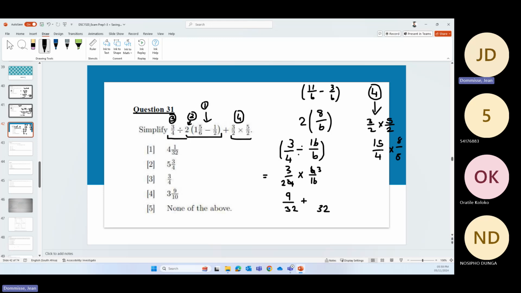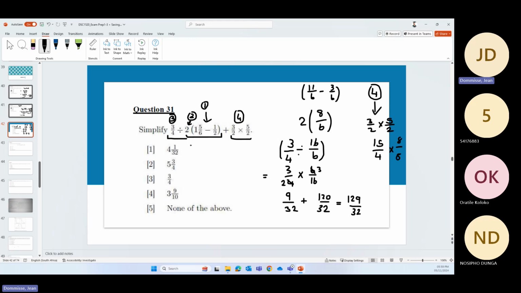The 15 times 8 gives me 120. Okay, but now I can add it with no problems. So 9 plus 120 gives me 129/32.